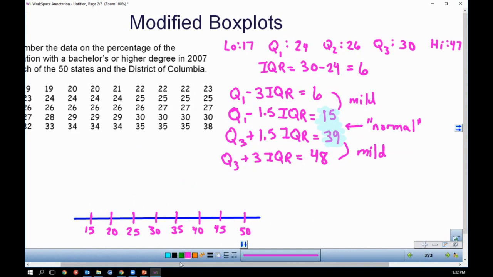Okay, so let's draw our rectangle now. So we've got to start at 24 and go until we get to 30.